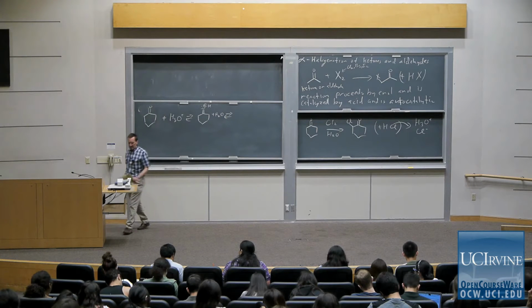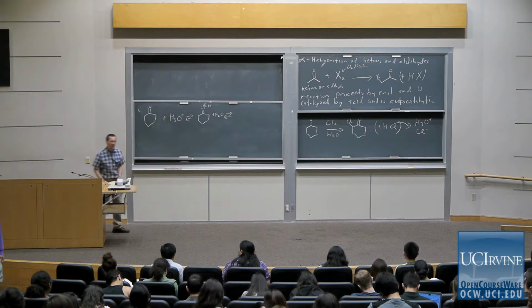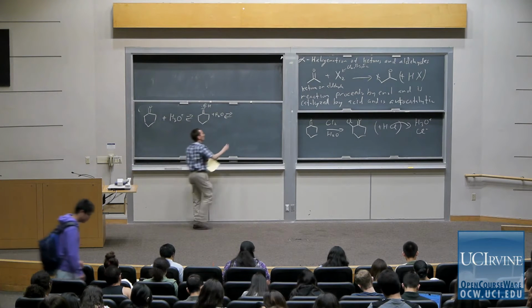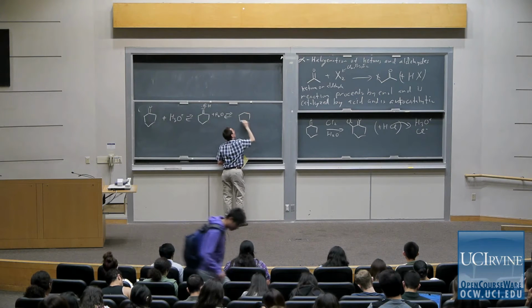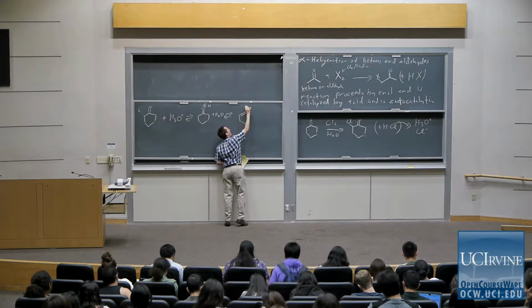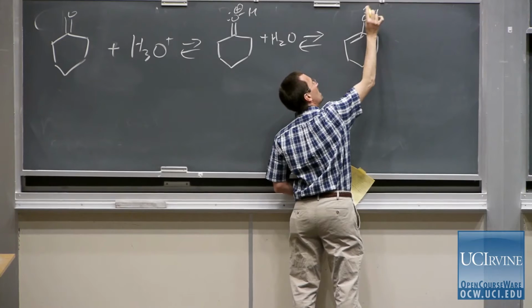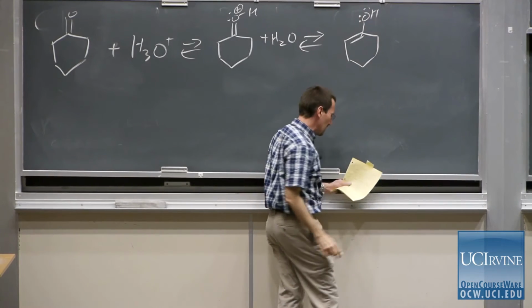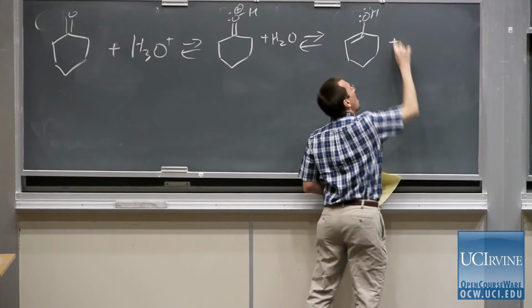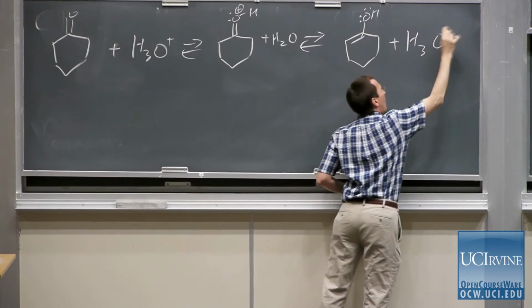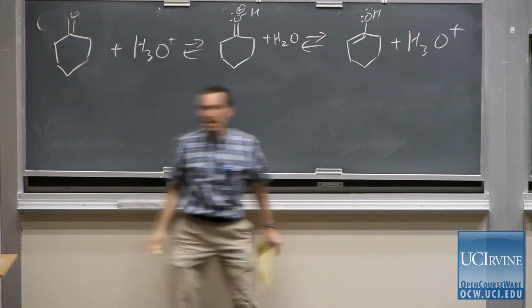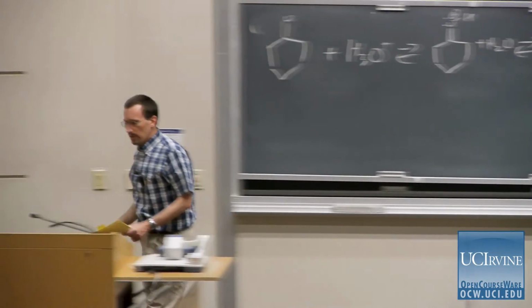Water can pull off the alpha proton. You've seen all of this mechanistically, and so you have this equilibrium to form the enol. Remember that the equilibrium lies way, way to the left, so you only have a teeny tiny percentage of enol, only a fraction of a percent of enol at equilibrium.